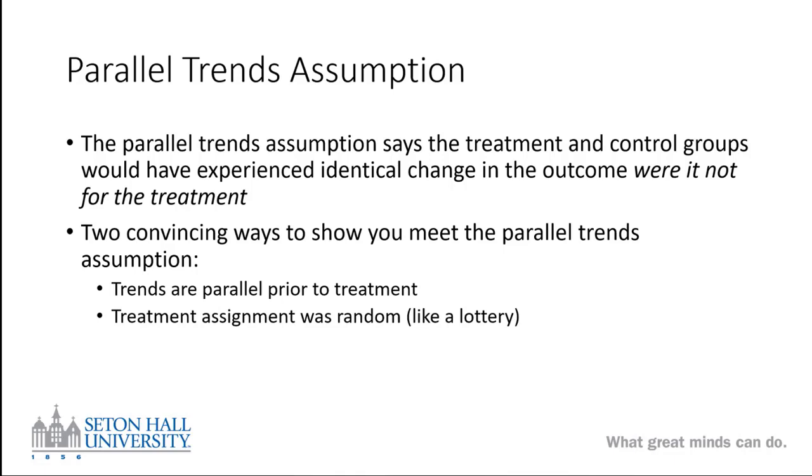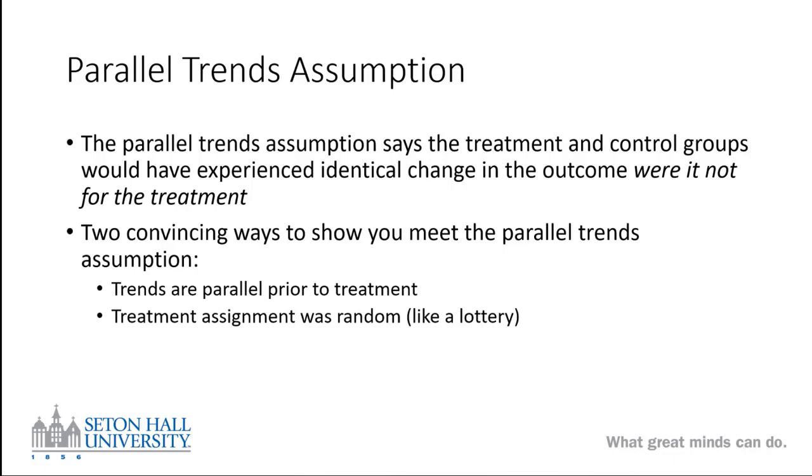And the second, more convincing way is that for whatever reason, out in the real world, treatment assignment just happened to be random. Private school vouchers are a good example. A lot of private school vouchers were given to students via a lottery, so treatment assignment was still random.